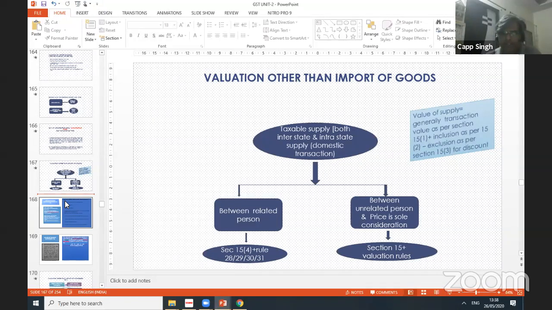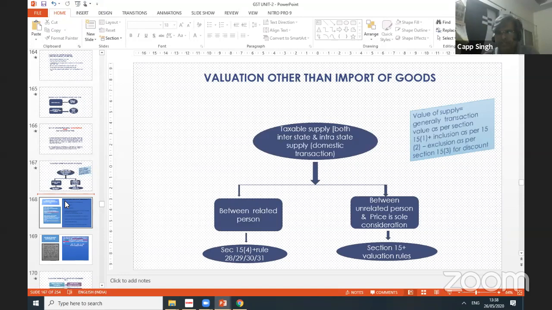There are rules from rule 27 to rule 35 for the valuation, but the valuation rules are applicable only when the supplier and recipient are related persons, or price is not the sole consideration. Whenever we say sole consideration, it means the total consideration. So the thumb rule is that the value of supply has to include something.